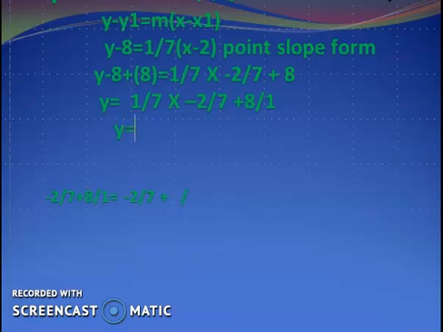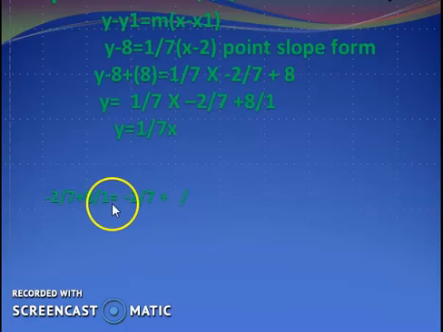y equals 1/7 x, which has the variable x, so we leave it. In order to add two fractions with different denominators, we need to change them to a common denominator. We use 7, because 7 is bigger than 1.